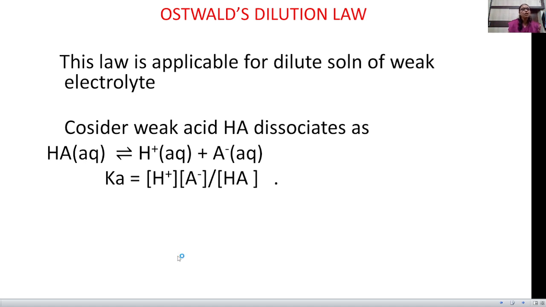Consider weak acid HA, which dissociates as H+ and A- ions in aqueous solution. Then Ka can be written as the dissociation constant of weak acid, equal to the molar concentration of H+ into the molar concentration of A- divided by the molar concentration of HA.